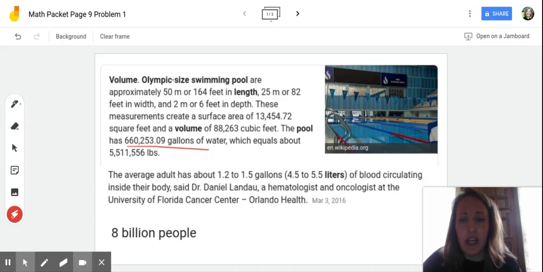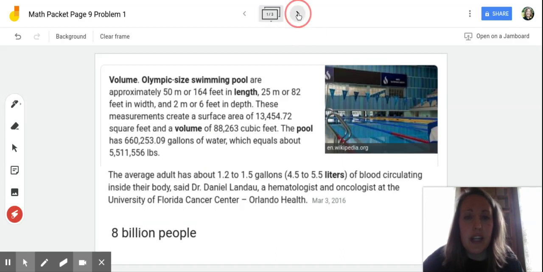So I'm going to use gallons of water here, and I'm going to go with 1.5 gallons of blood. I also need to know, if I want all the blood in the world, that there are approximately 8 billion people in the world today. So these are the 3 pieces of information that I must know.